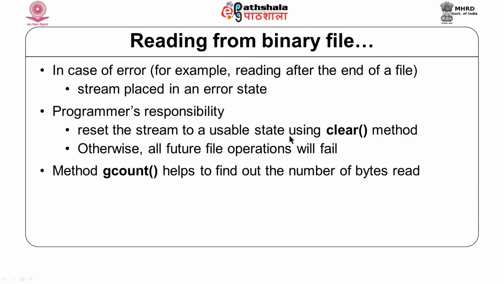Once the error bits are set, again they should be reset using the clear method, otherwise all the future operations will see the error bit set. In case of error, maybe all the size bytes are not read, we can use gcount method to see how many bytes are actually read, maybe less than size.